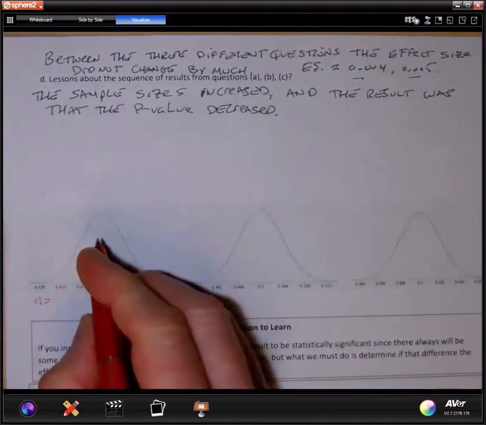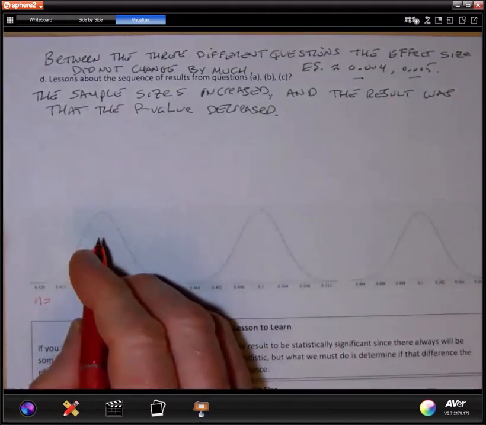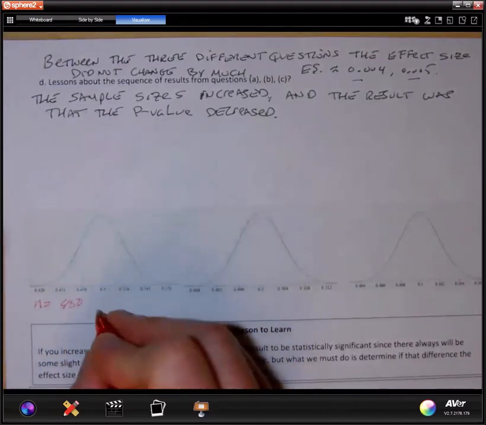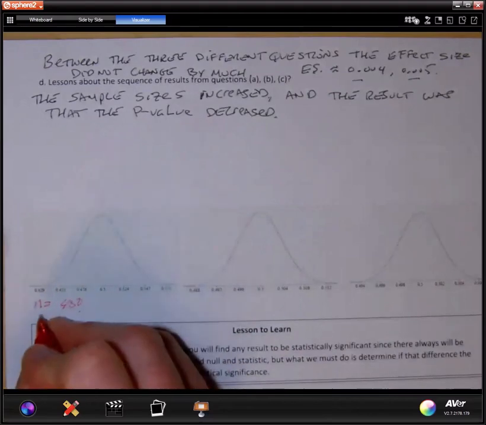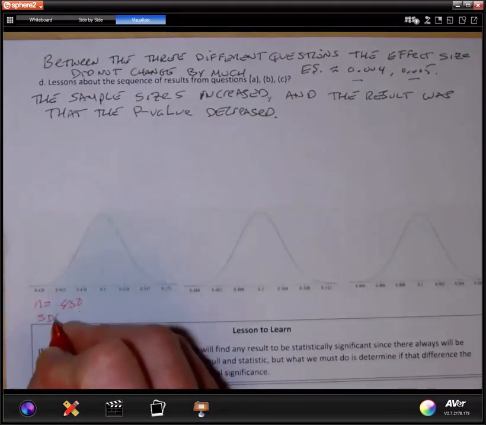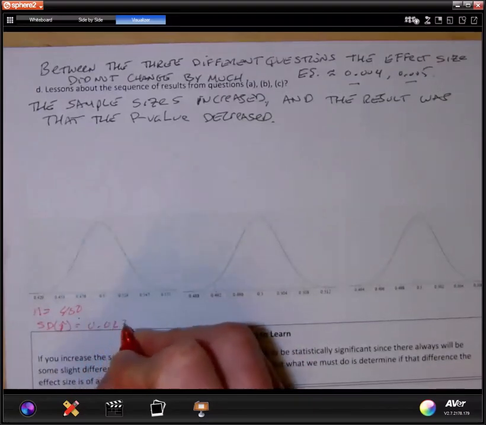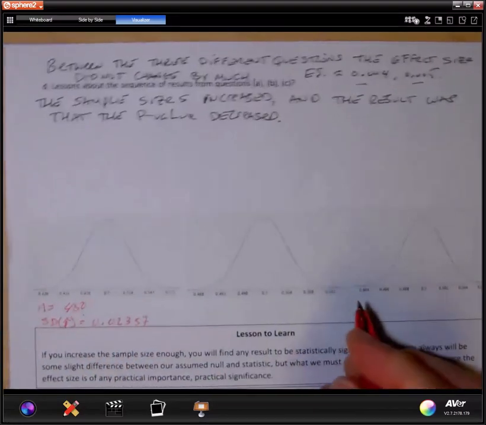This was for a sample size for the very first one of 450. And when I calculate the standard deviation here for this one, it turned out to be 0.02357, which we did earlier.